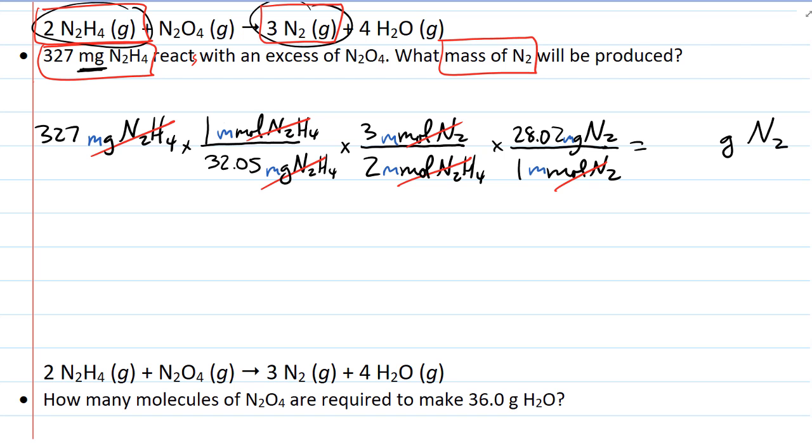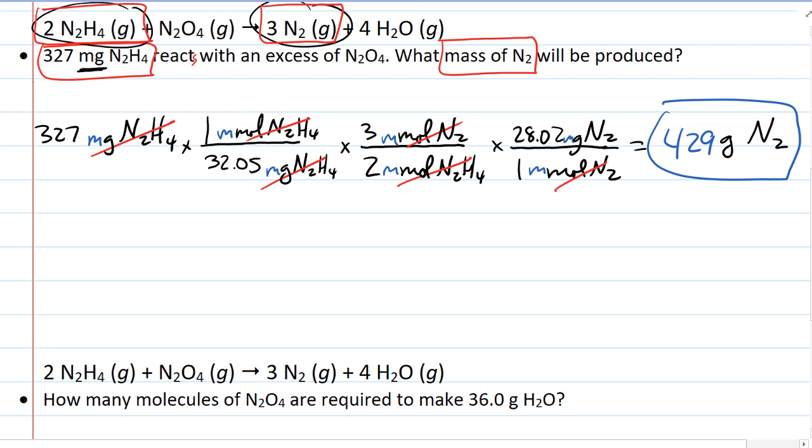I hear 3, I hear 4. 3. There should be 3. So we put in 429, and that's not grams, it's going to be milligrams of N2. Milligrams is what the answer is going to be in. Okay, any questions on this one?